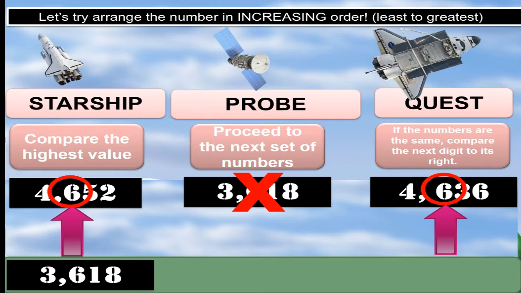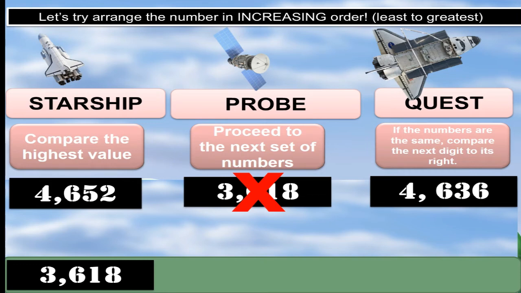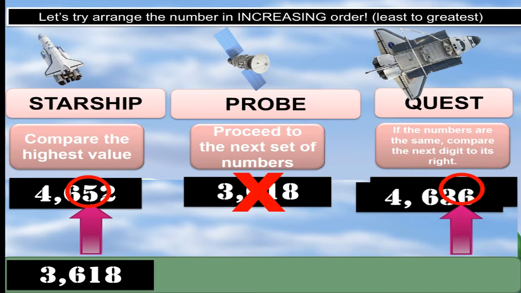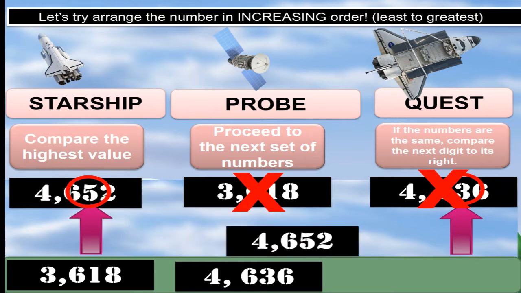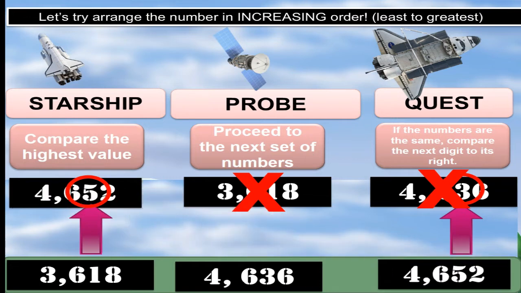They're again the same. So let's proceed to the next digit. The next digit is 5 and 3. So 3 is smaller than 5. Therefore, the next number is 4,636. Let's cross that out. And the biggest number is 4,652.